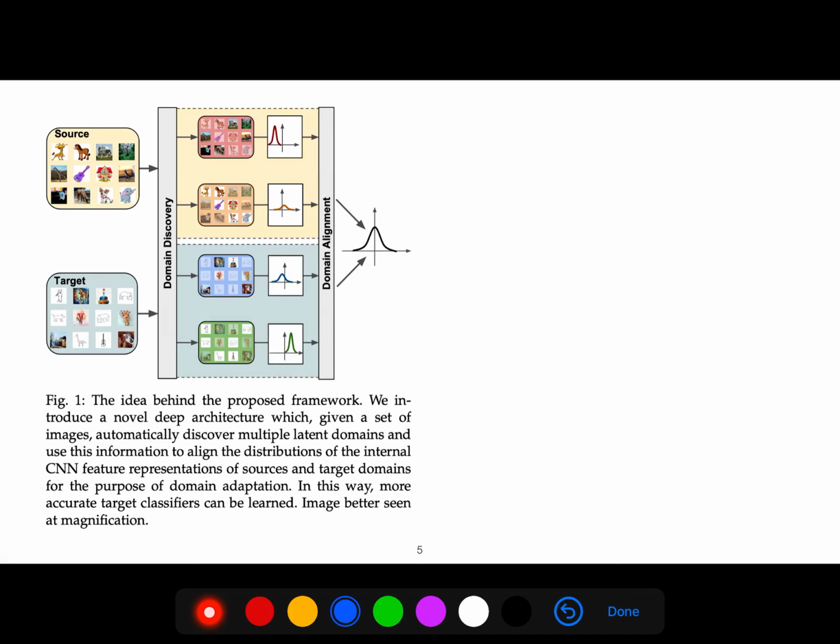You see the idea behind the proposed framework, that here we have this domain discovery layer because sometimes we don't know explicitly, and then we have domain alignment.